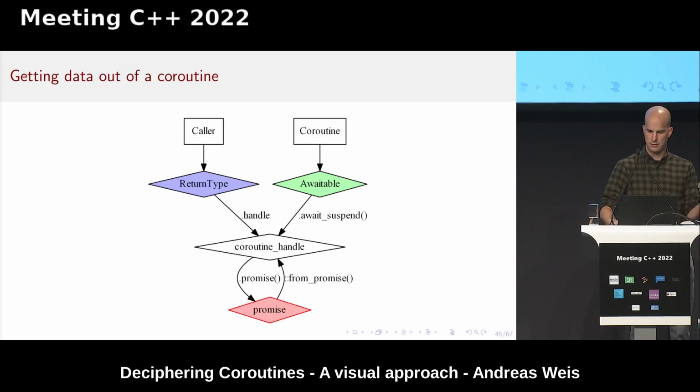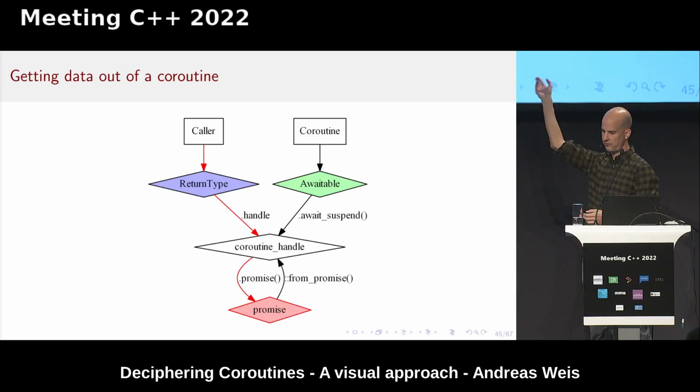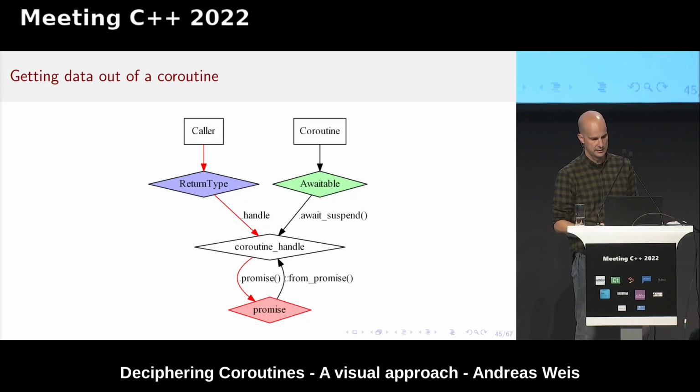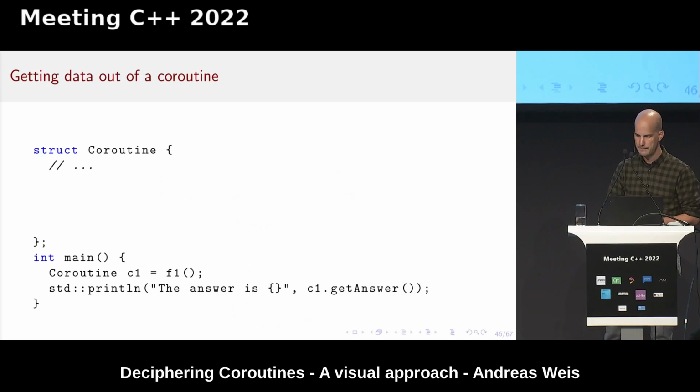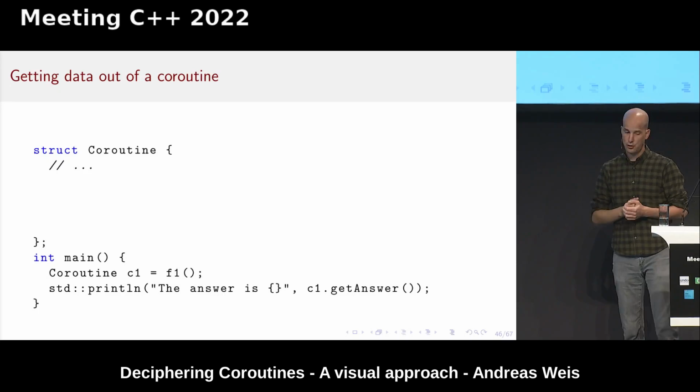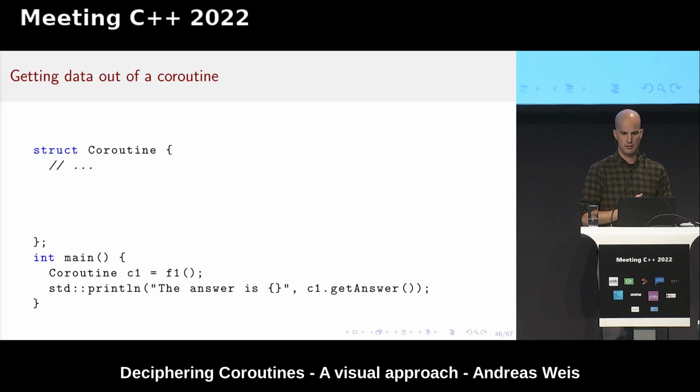Now I need to get it back to the caller. So the path from the caller is it has to go through the return type to the handle, and that's how it can reach the promise. So this is how the code at the bottom would look for the caller, right?